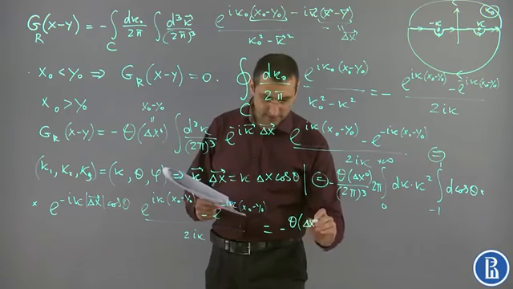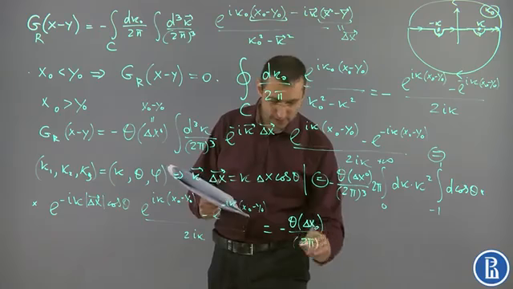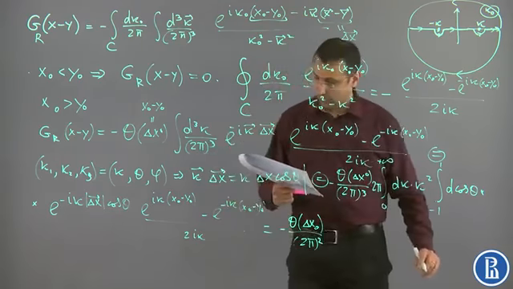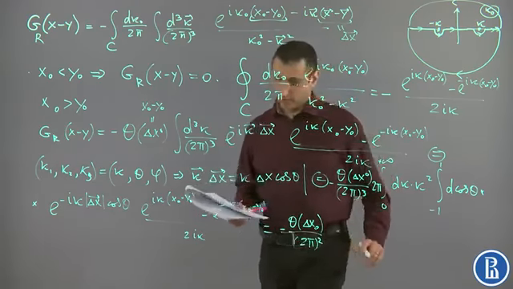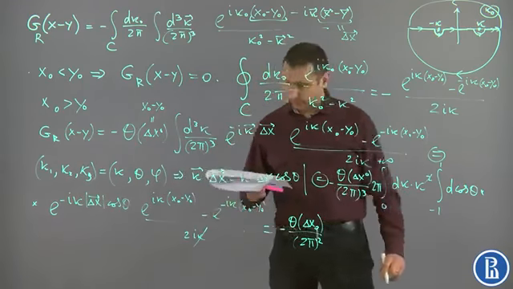theta function of delta x0 divided by 2 pi squared. Here, actually, one of the k's cancels with k squared.